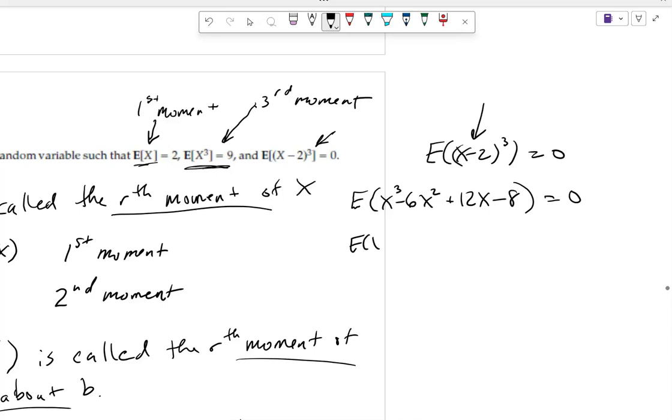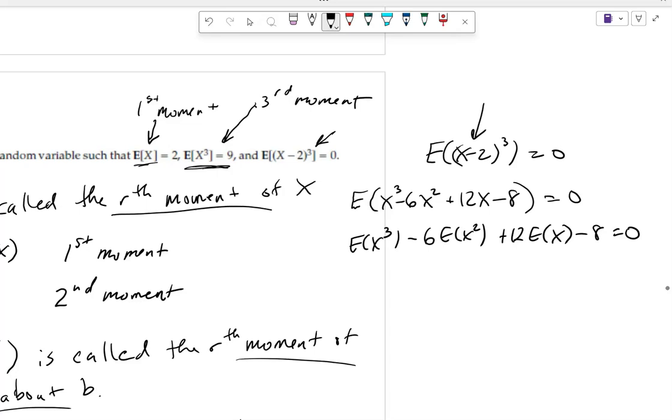Expected value of x cubed minus 6 times expected value of x squared plus 12 times expected value of x minus 8. Good. That's just breaking up our expected value over the sums and differences there and pulling out the constants.